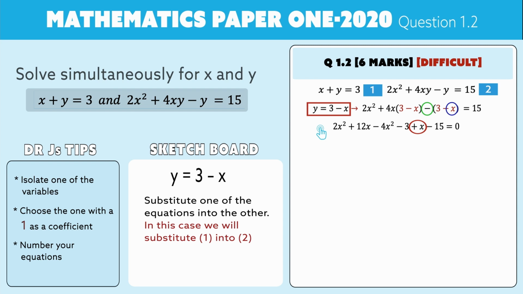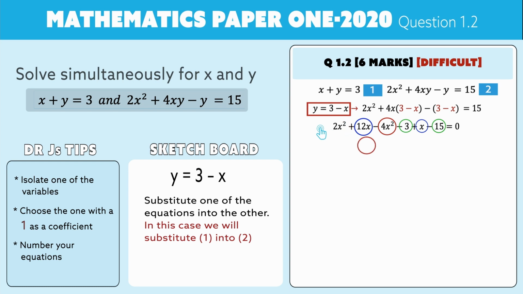Let me see where my like terms are. Here I have 2x squared. Then I have 4x over there. I have a 12x here and an x over there. And then I have the constant. Please make sure that you take care of the signs when you add these things.